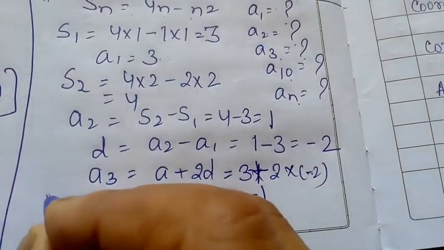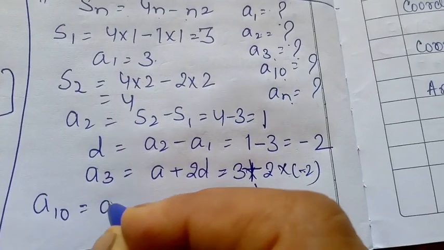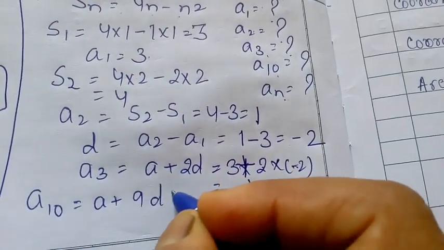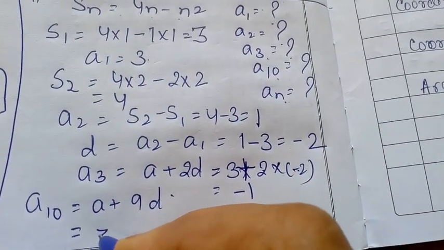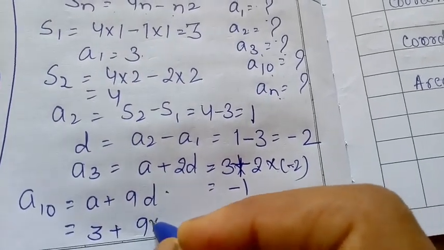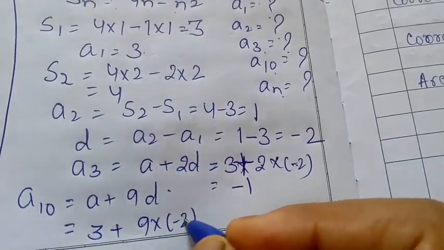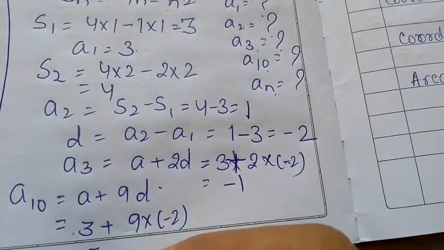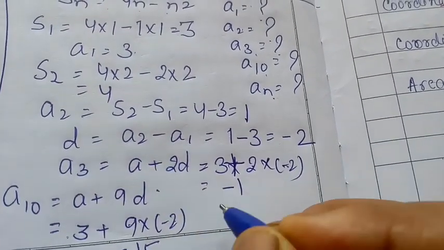And a10, a plus 9d, a is 3 and 9 into minus 2, minus 18, 3 minus 18 is minus 15.